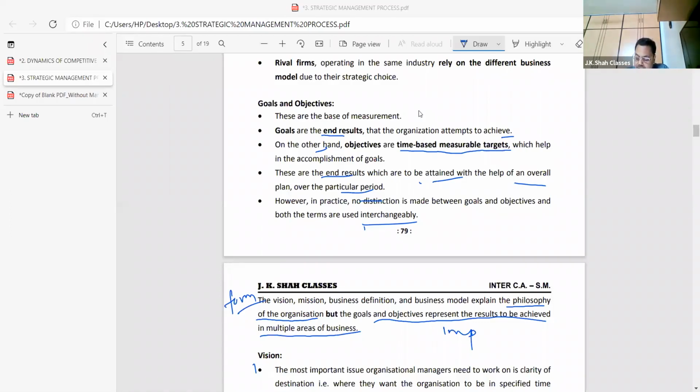Anyone else till that time? Yeah, please. Someone said Titan made Zoop watches for kids, it failed.